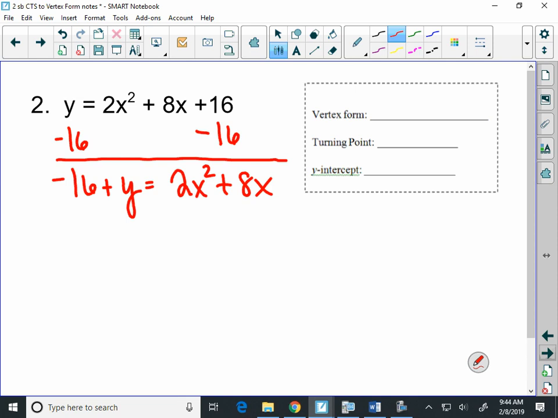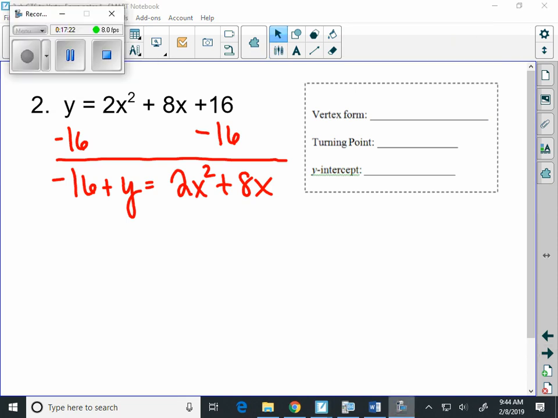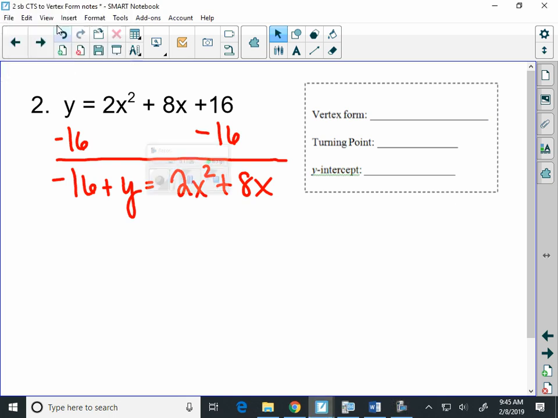And now we do need to deal with step 2. Now, the difference in this problem here is we have the 2 in front of the x squared term. So if you look at the directions on the front page, it says if the number isn't 1 in front of the x squared term, factor out the leading coefficient.